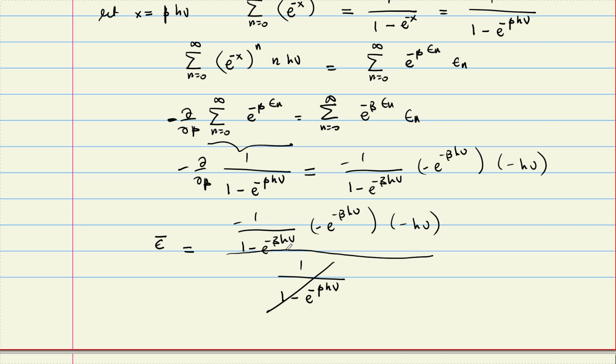No, I'm not going to cancel that one. I think I forgot to square this, right? When I take the derivative, there's a minus 1, there's a square, okay. I think now this is correct, so this is going to be squared. Now with one of them, I'm going to cancel this.